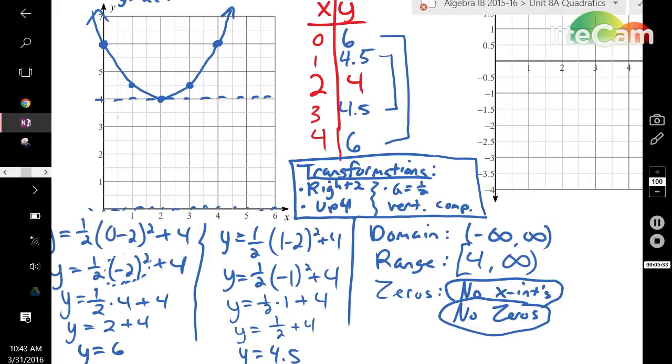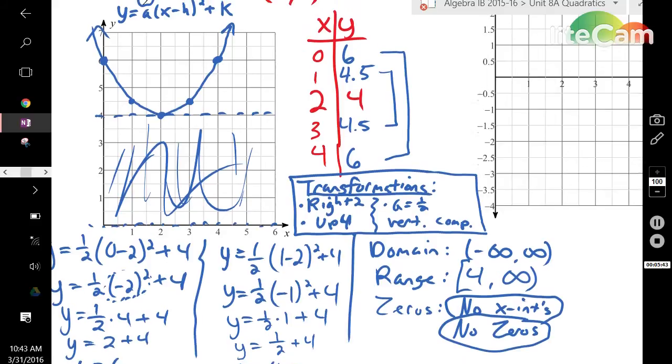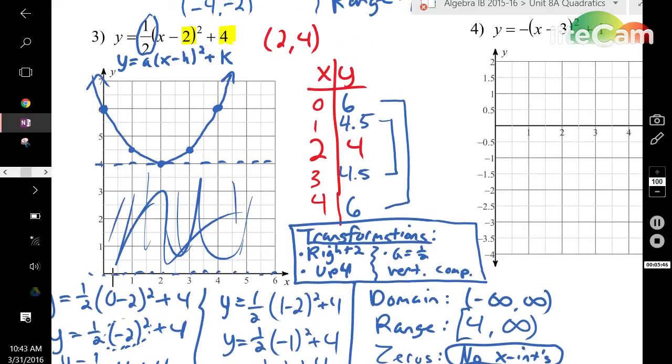It's got all this gap in between the x-axis and the actual curve itself. So this is the graph of the vertex form of this quadratic. Identify your h, k, make your table, calculate your y values, graph your points, state the transformations, state domain, range, and zeros, and that should be it.